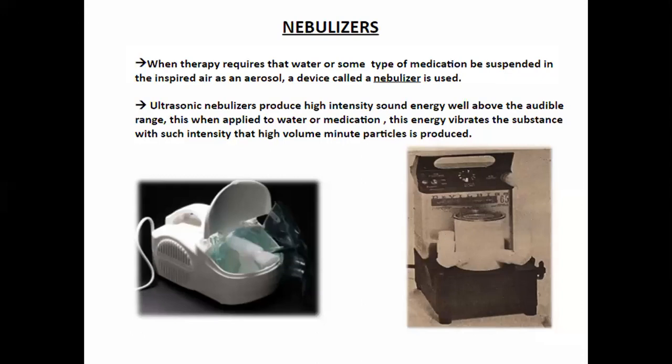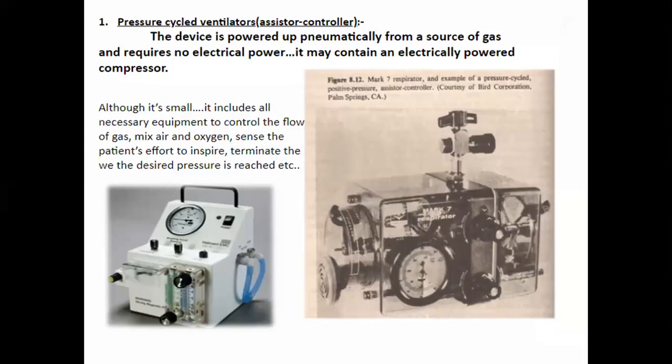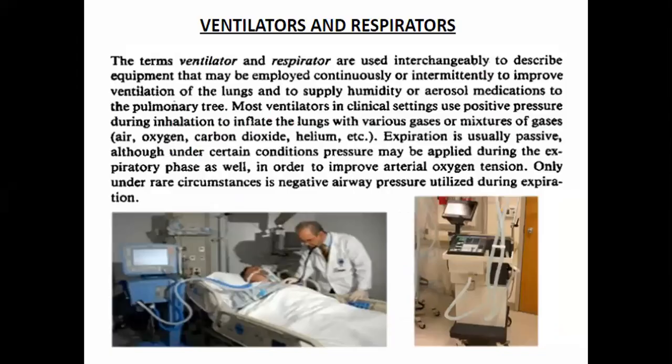Then the heart does not supply oxygen properly, so the rate of exchange of the gases, that is oxygen and CO2, will decrease, and due to that a problem occurs for the patient. In this, the very important thing we will consider is ventilators and respirators.